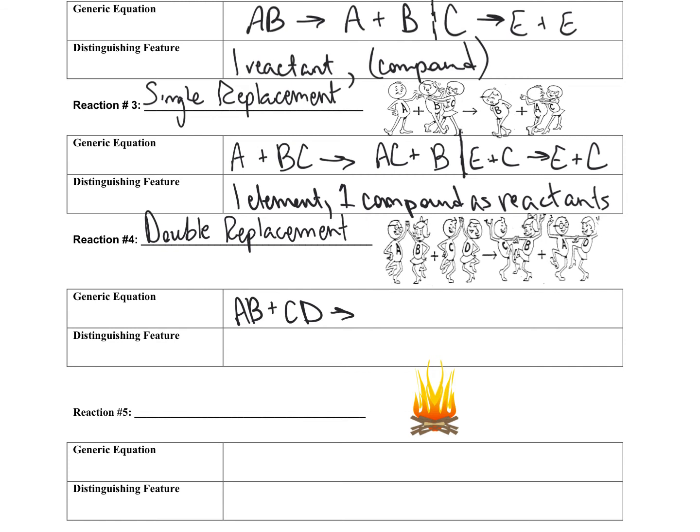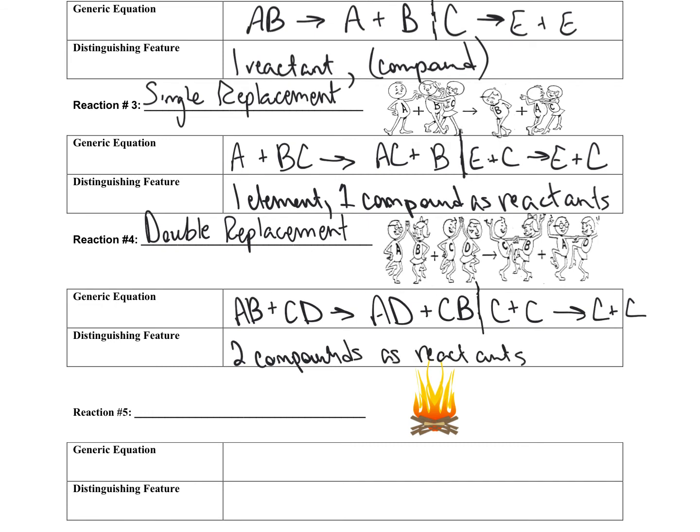So the A will switch with C to create new compounds AD and CB. Again, if you want to think about this in terms of elements and compounds, you will start with 2 compounds and end with 2 new compounds. Distinguishing feature, you have 2 compounds as reactants.